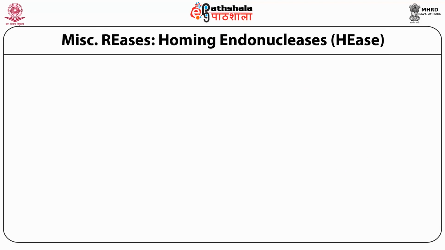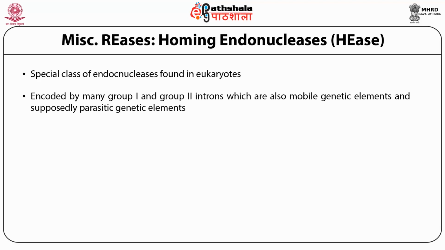Miscellaneous REases are restriction nucleases that we seldom talk about. First, let us talk about homing endonucleases. They are a special class of endonucleases found in eukaryotes. They are encoded by many group 1 and group 2 introns, which are also mobile genetic elements and supposedly parasitic genetic elements.